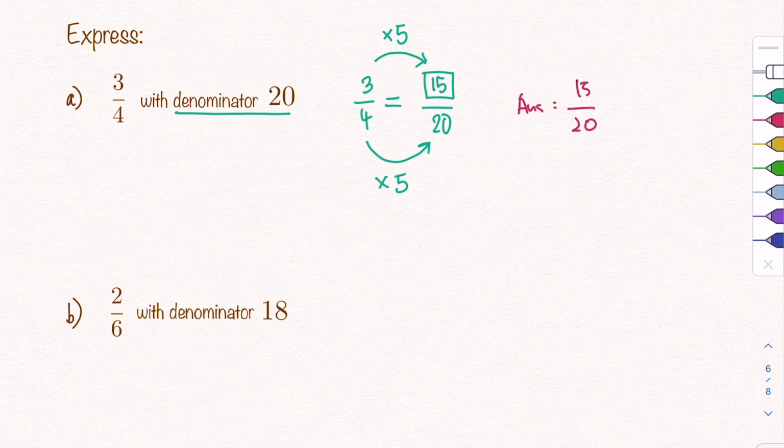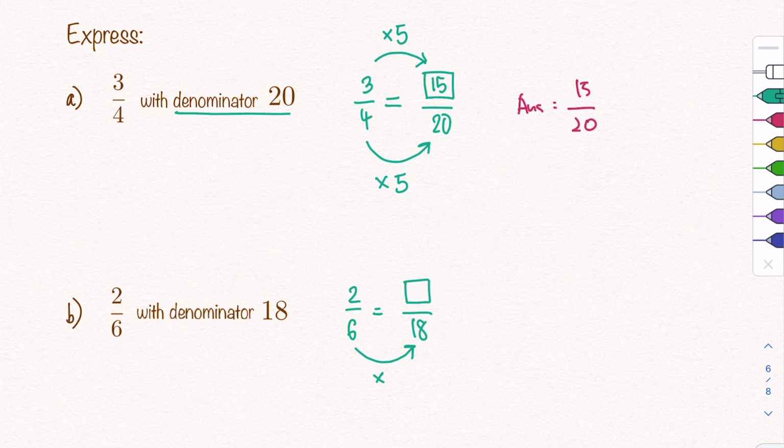For question B, they would like us to express 2 over 6 with a denominator of 18. So step 1 is to write 2 over 6 equaling a fraction with a denominator of 18. And we're finding the missing numerator. So looking at the denominator, thinking about how the 6 became the 18, we know that we had to times something. So 6 times what gives us 18?